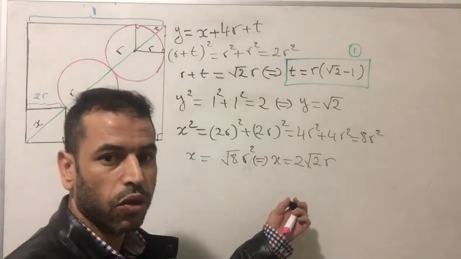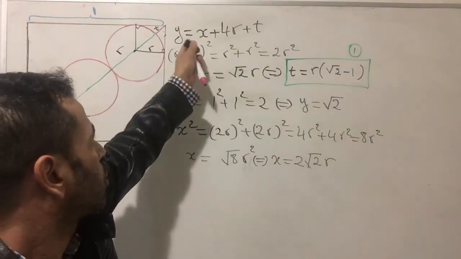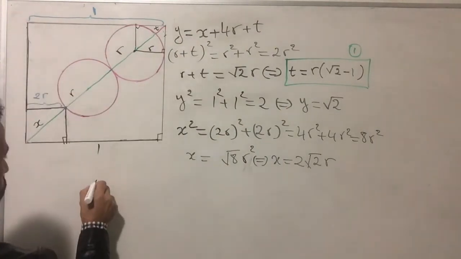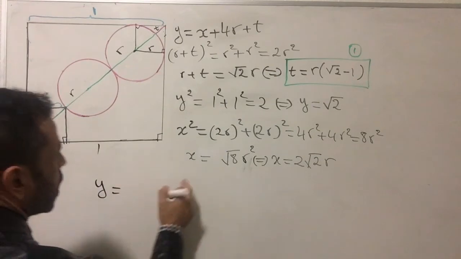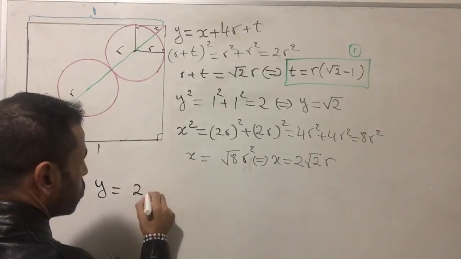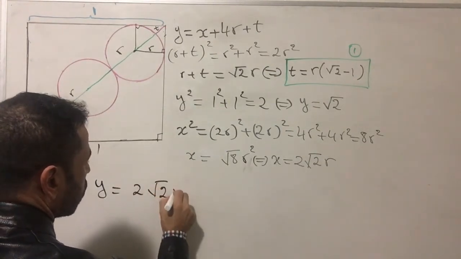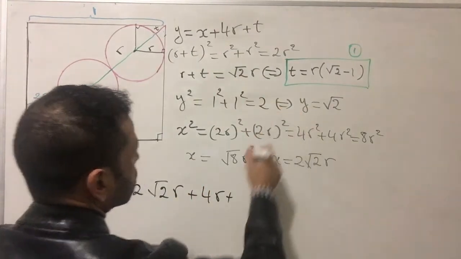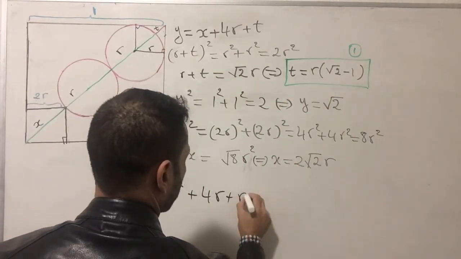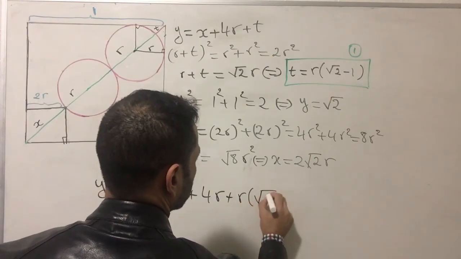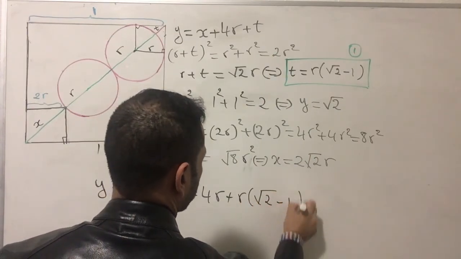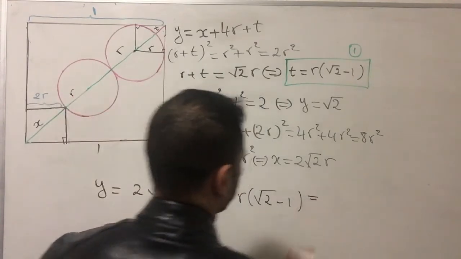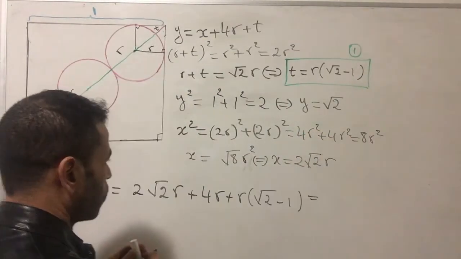I'm going to plug all this information into the first equation. So y equals x, which is 2 square root of 2 r, plus 4r plus t, where t is equal to r multiplied by square root of 2 minus 1. Now y was already evaluated, so I'm going to calculate this.